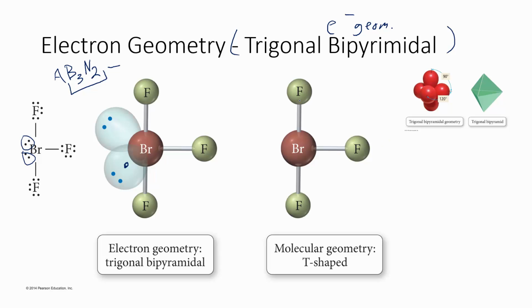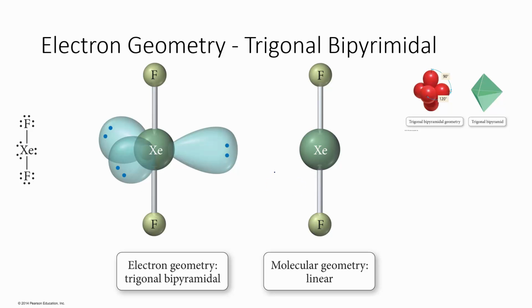But now the molecular geometry, where we only consider the atoms attached, is referred to as a T-shaped geometry. So electron geometry, what sets up the shape, pretend like you can't see the lone pairs, that's what we name the shape. You can have the same sort of thing with 3 groups, but now our trigonal bipyramidal electron geometry leads to a linear molecular geometry, and this would be AB2N3.